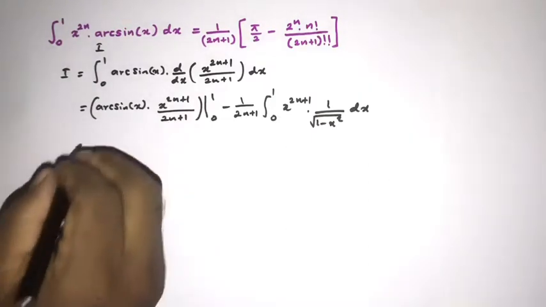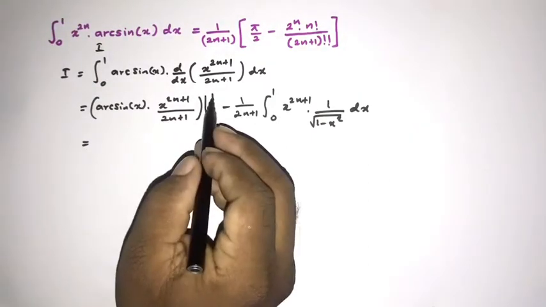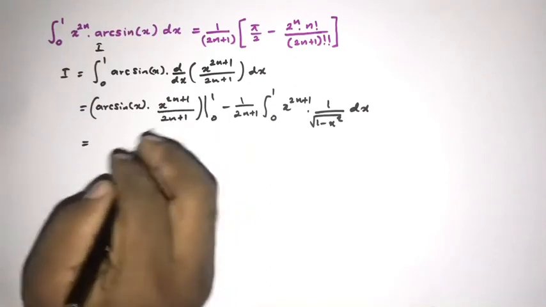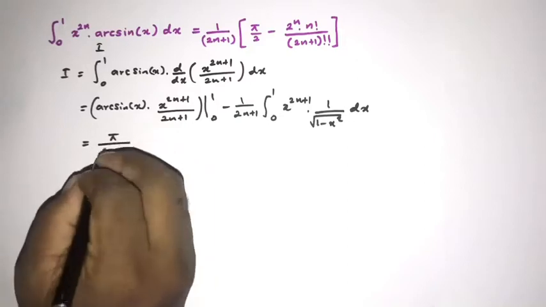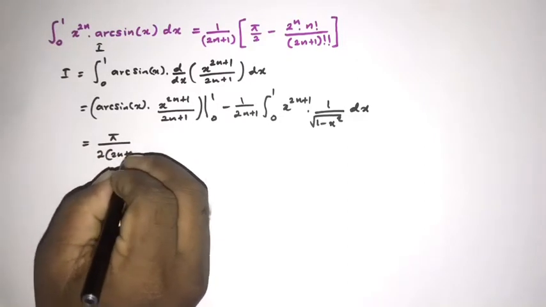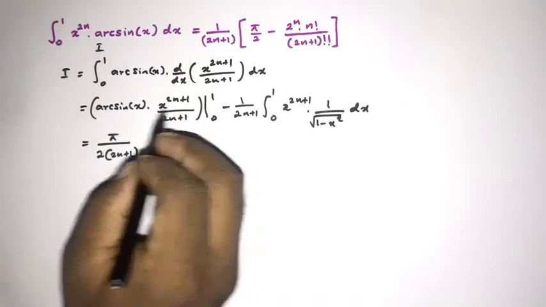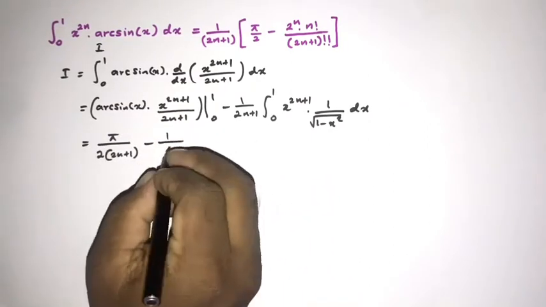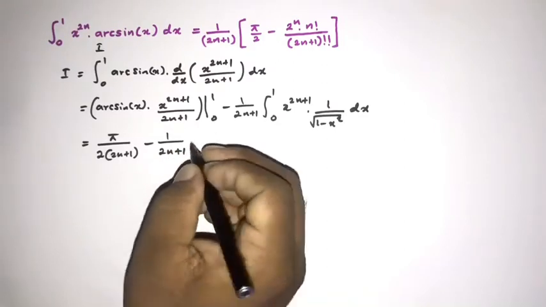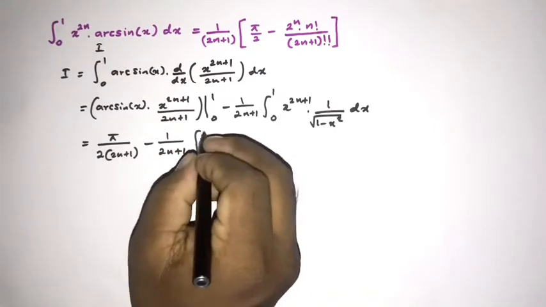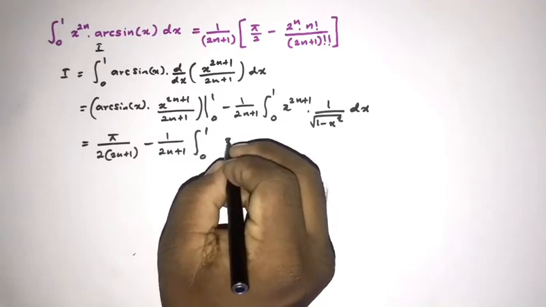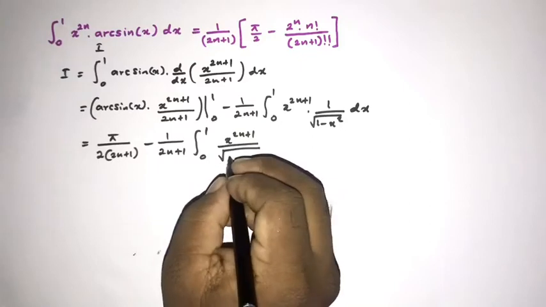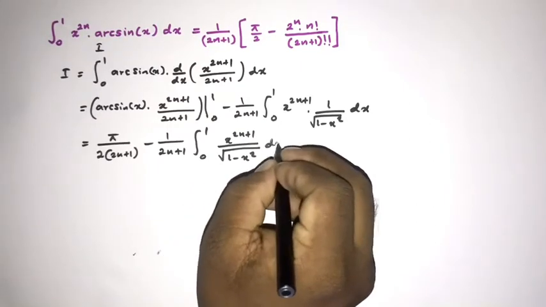Well, then if we apply the limit, if we apply 1 here, arcsine of 1, we know pi over 2, so we have pi over 2 times 2n plus 1. Then if we apply 0, we know arcsine of 0 is 0. Then here we have 1 over 2n plus 1 integral from 0 to 1 x to the 2n plus 1 over the square root of 1 minus x square dx.